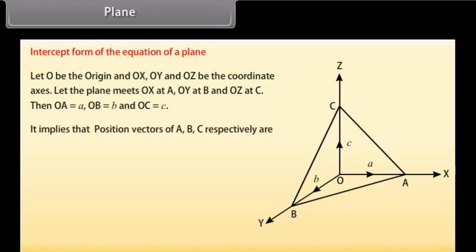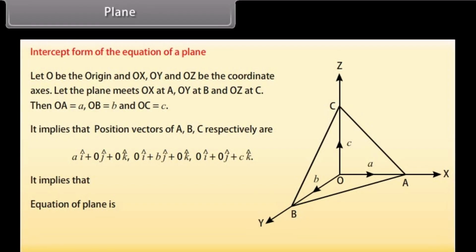It implies that position vectors of A, B, and C respectively are a i cap plus 0 j cap plus 0 k cap, 0 i cap plus b j cap plus 0 k cap, 0 i cap plus 0 j cap plus c k cap. It implies that the equation of the plane is x by a plus y by b plus z by c equals 1.